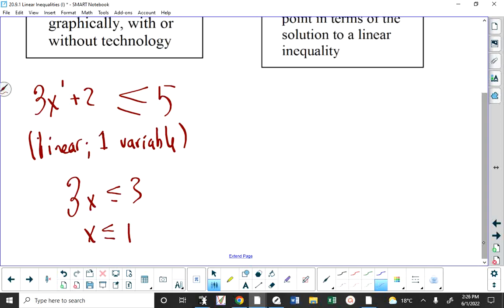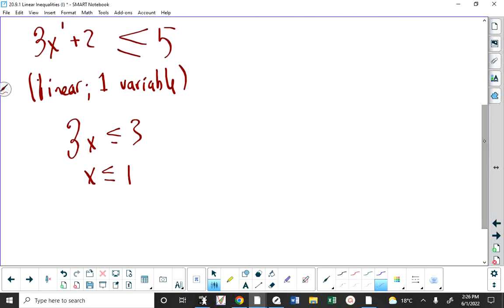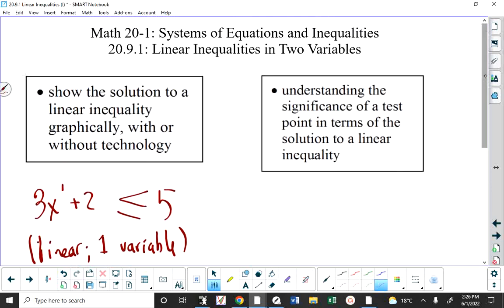What does that mean? It means that that inequality is true for any value of x described by that line graph. You're still with me? Okay. So what we're doing today is really different. What if I said to you, 3x plus 2 is less than or equal to 5 plus y?